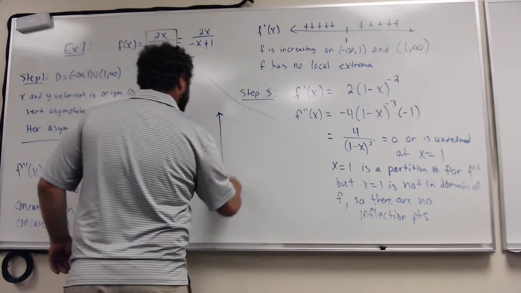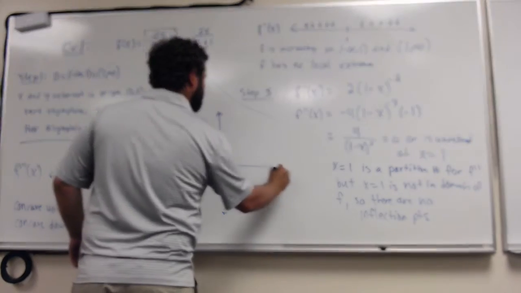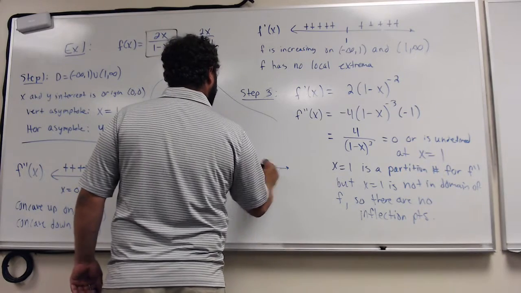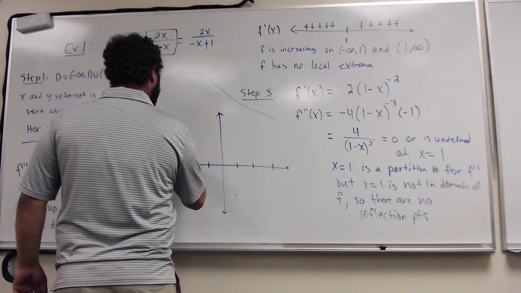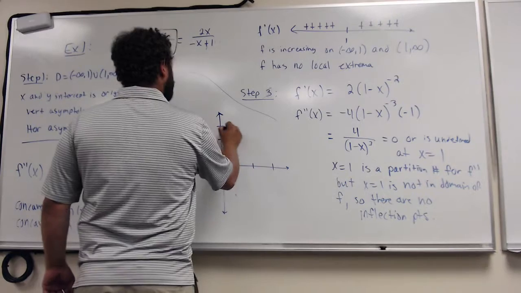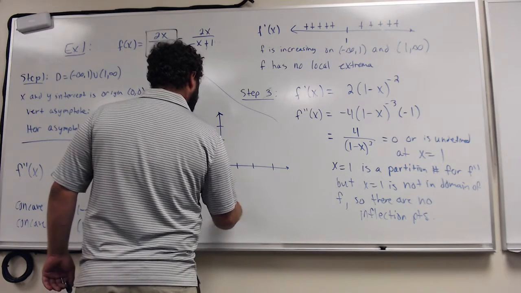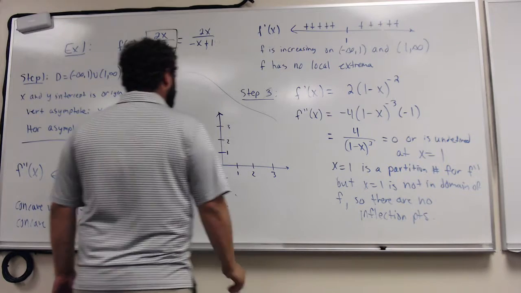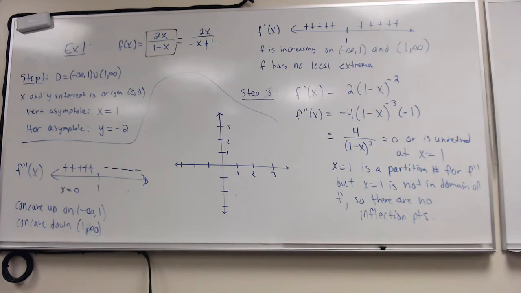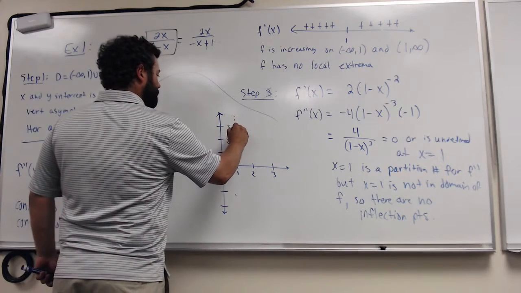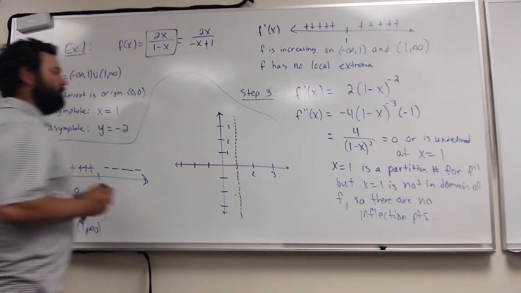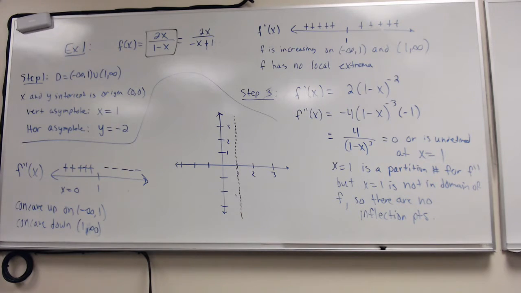And then finally, here's our graph. I'll just go like 3 units in every direction. Okay, and you can sketch in your asymptotes. So at positive 1, there's the vertical asymptote.